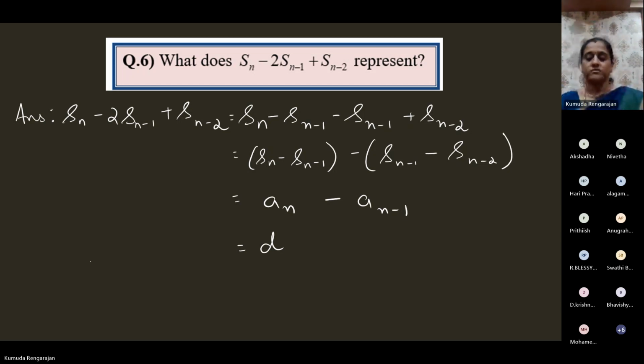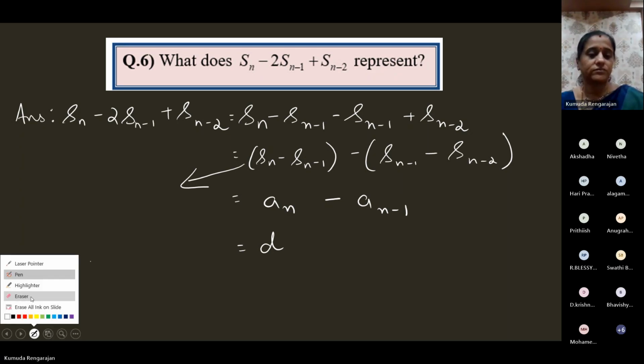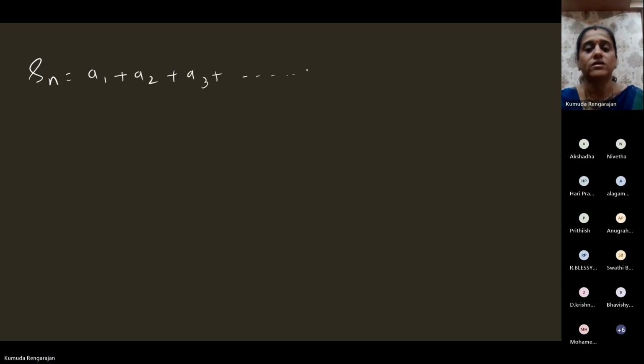So now we'll understand this step in detail. We'll just expand on Sn. Sn is A1 plus A2 plus A3 up to An minus 1 plus An.